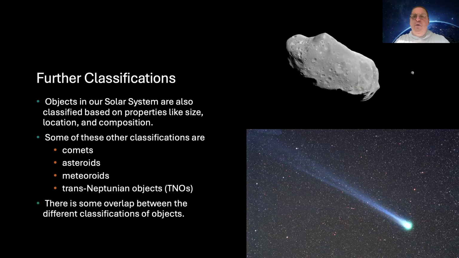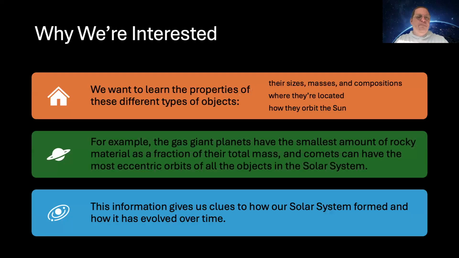And so I'm going to go over each of these briefly, and the characteristics of each of these objects are important to the overall theory. When we talk about the characteristics, we're talking about where are these located? What are they made of? What do their orbits look like? That sort of thing.